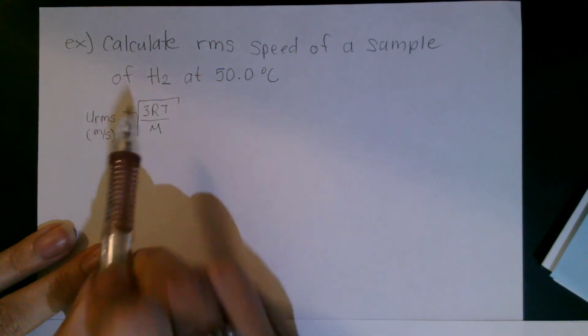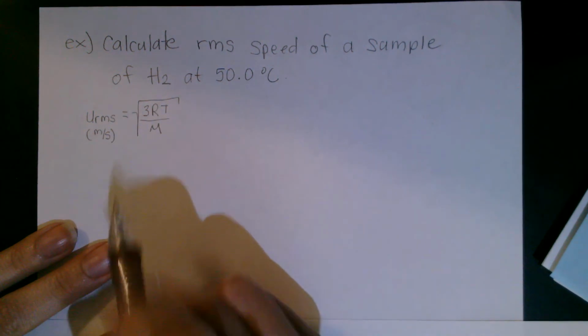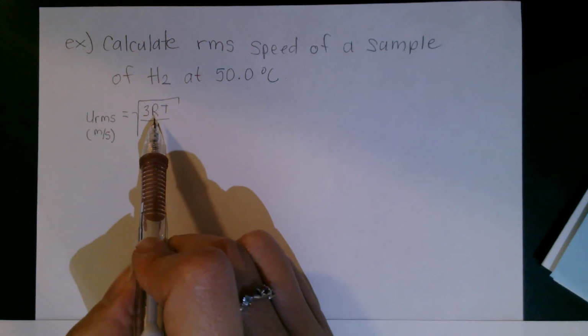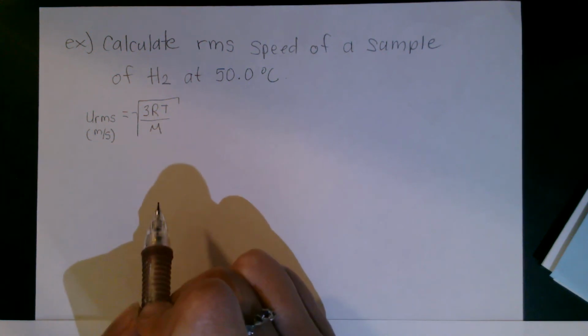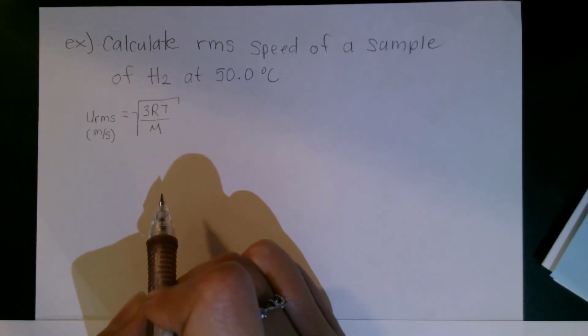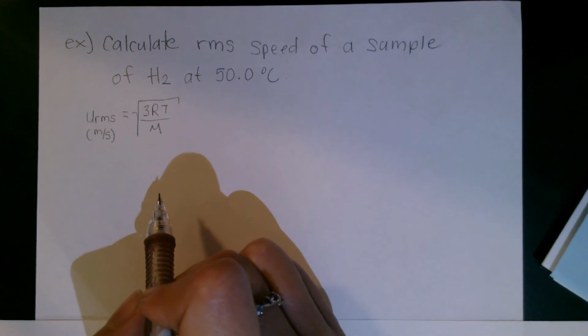That means we're going to have very interesting units here. Let's think about the units for R. We had two units for R: liter atmosphere per mole Kelvin, and joules per mole Kelvin.